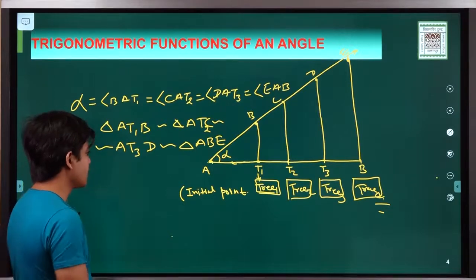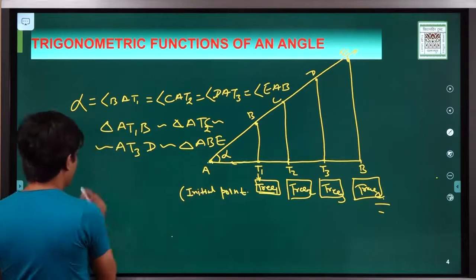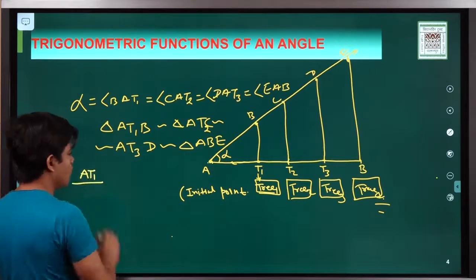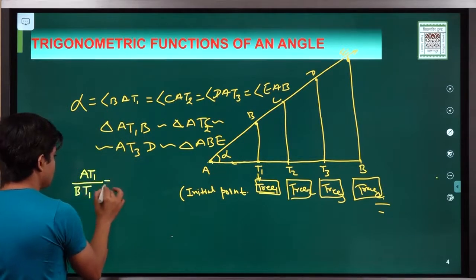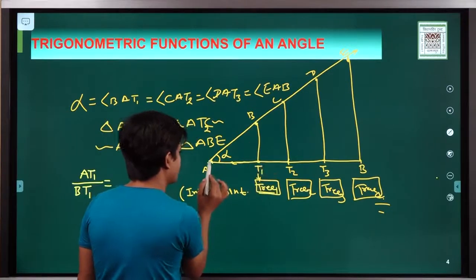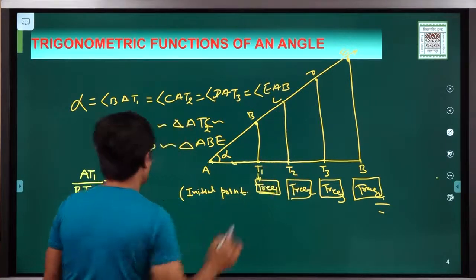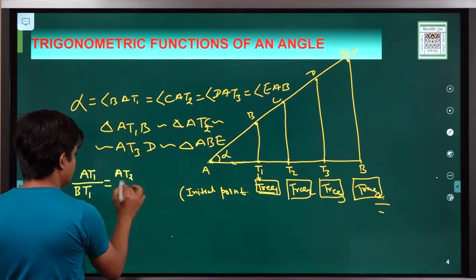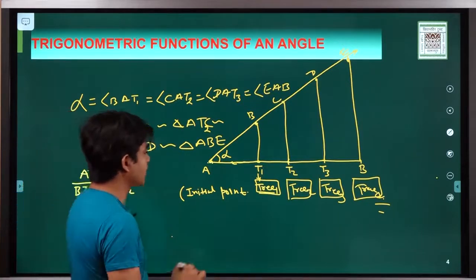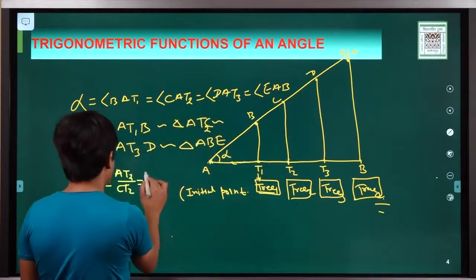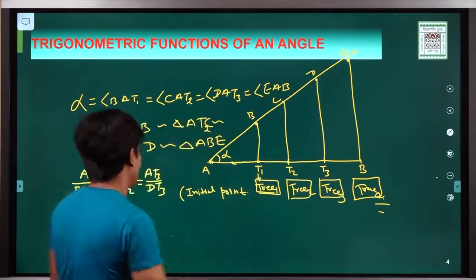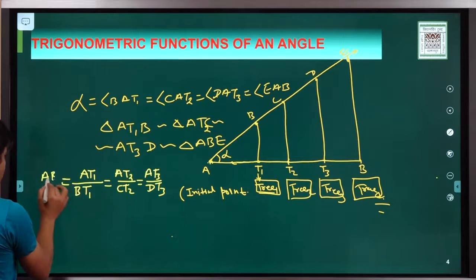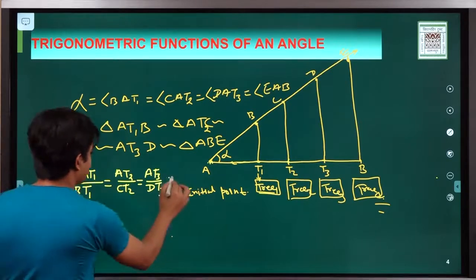Because the triangles are similar, AT1 upon BT1, the ratio of this and this, will be equal to the ratio AT2 upon CT2, and again this will be equal to AT3 upon DT3, and AB upon BE. Is this clear? Call it lambda 1.